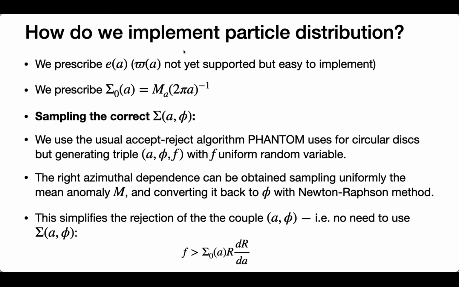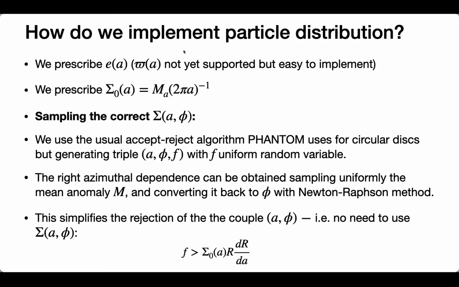So we generate a triple of A, which is the major axis, phi, which is the true anomaly, and F, which is a uniform random variable that allows you to accept or reject.